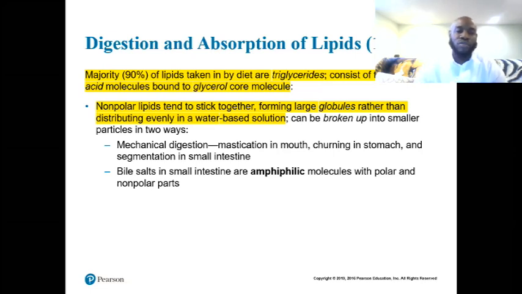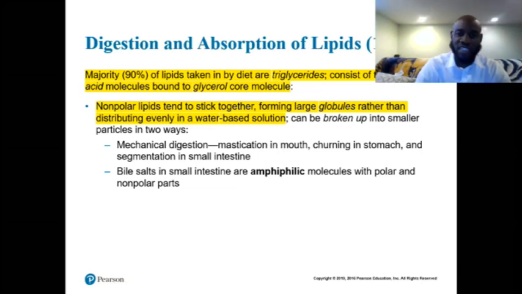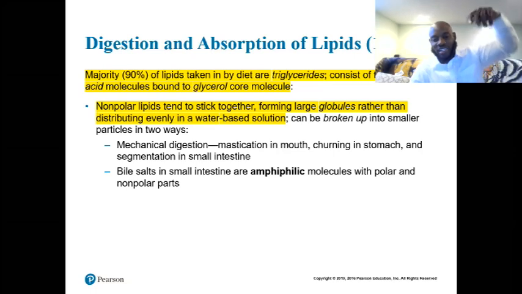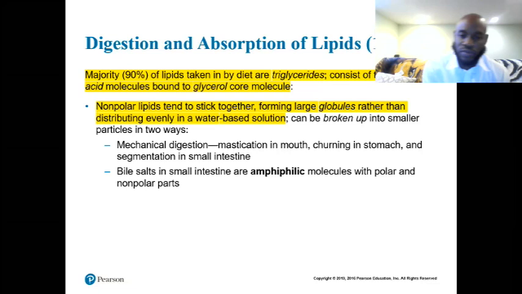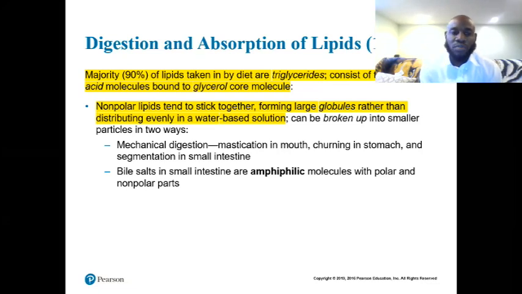The fatty acid chains are chains of carbon with hydrogen, so these nonpolar lipids tend to stick together, forming large globules of fat, rather than distributing evenly in a water-based solution.